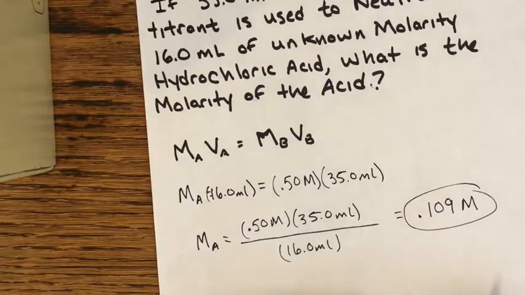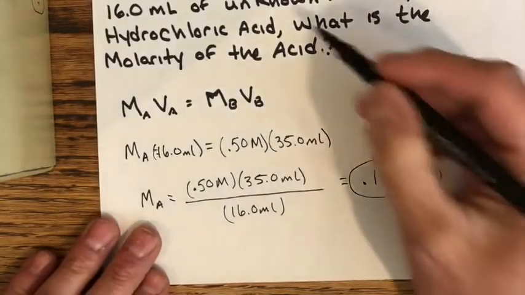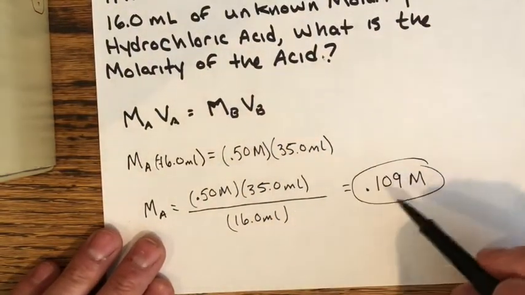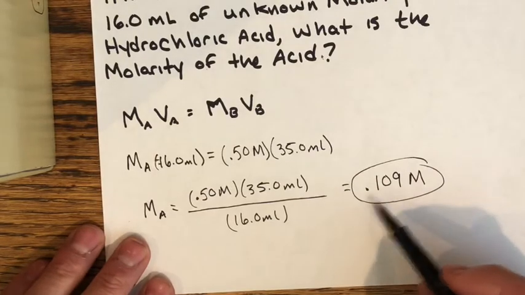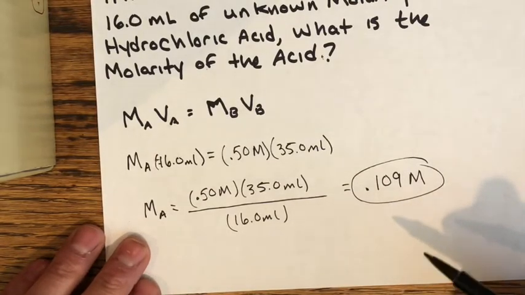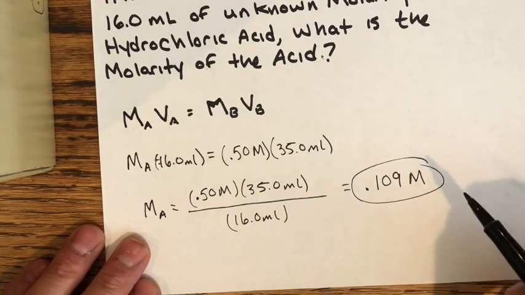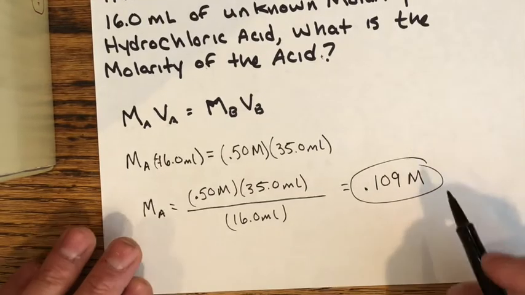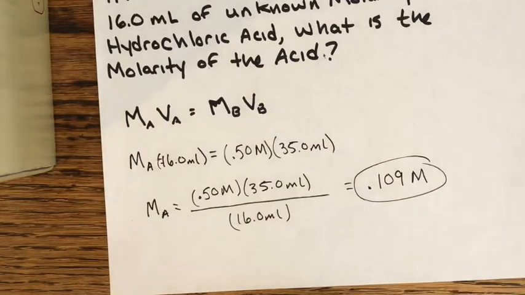So we've determined, based on doing the titration here and the math associated with it, that the molarity of the acid is 0.109, okay? So, yeah, that's how you do those things. And I hope this helps.